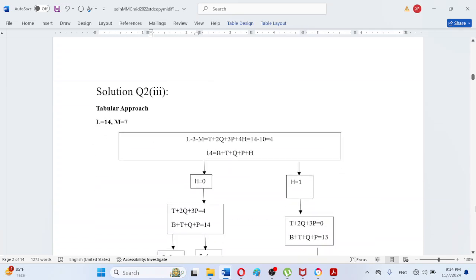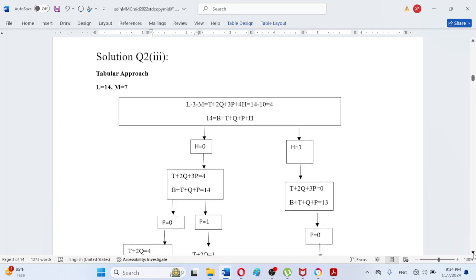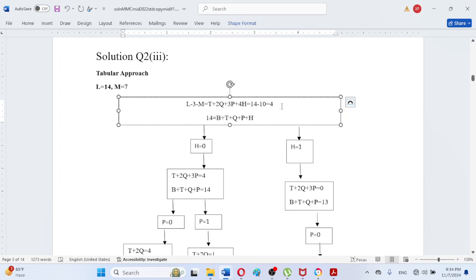So now move to the third part of question number 2, which was the tabular approach. In the tabular approach, it was required that the total number of links was 14 and the DOF was the same, m is equal to 7. So I have listed here two equations.